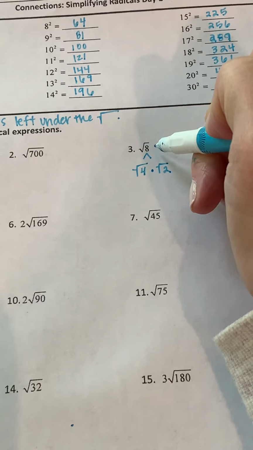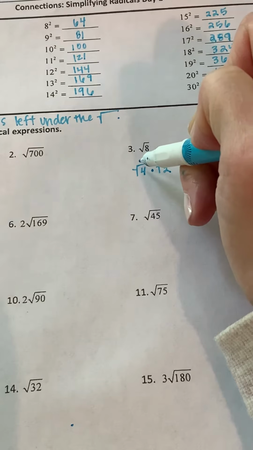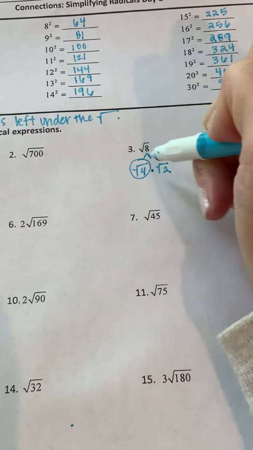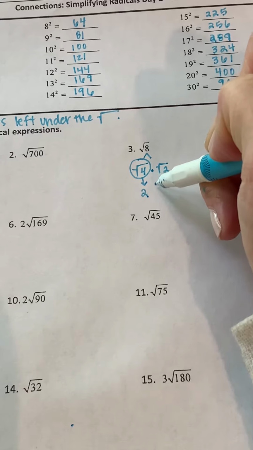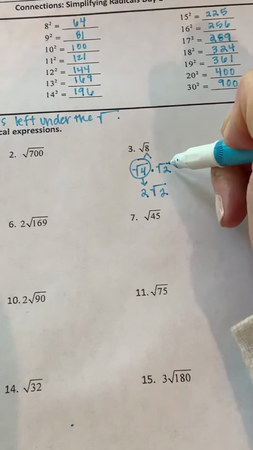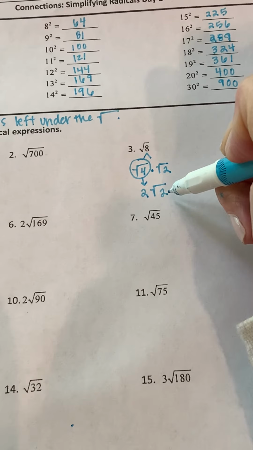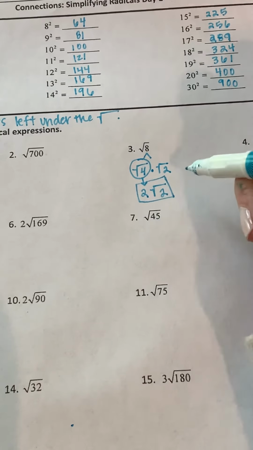Those are factors, and this is a perfect square factor. I'm going to take the square root of 4, which now I know is 2, and then I'm going to just rewrite the square root of 2 because I know that this cannot come out of the radical. I look under the radical. 2 is not a perfect square, so this is in simplified form, and that is my answer.